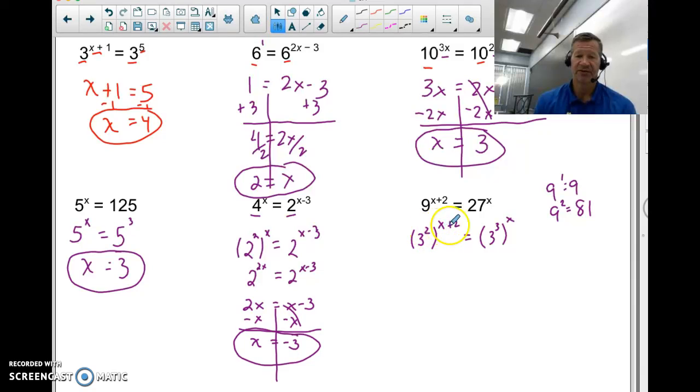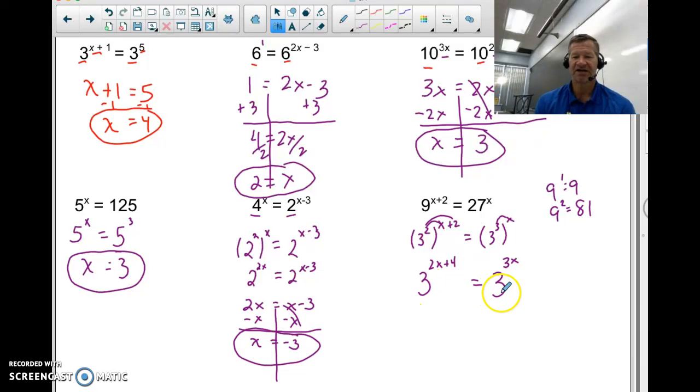Now, 2 is multiplied by x plus 2, so you have to distribute. So this will be 3 to the 2x plus 4. You have to multiply the 2 by the entire exponent there. Equals, here we have 3 times x, so it's going to be 3 to the 3x.